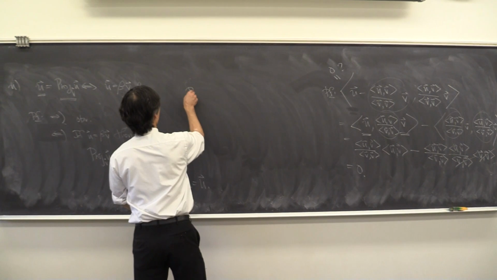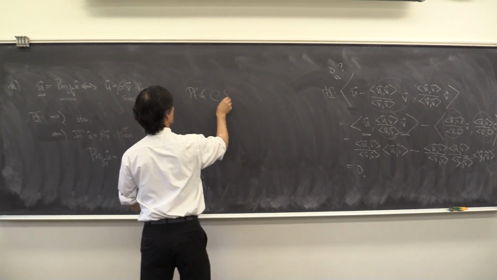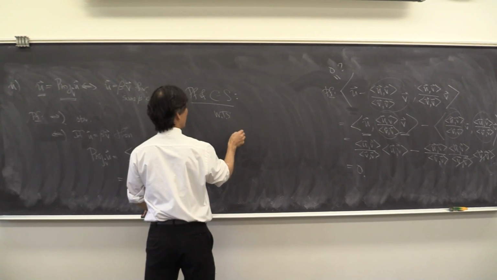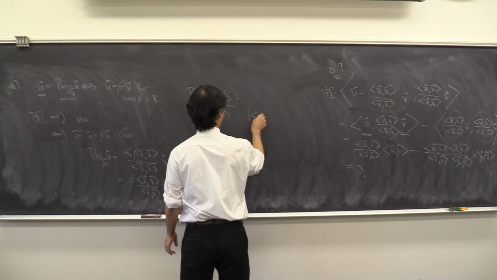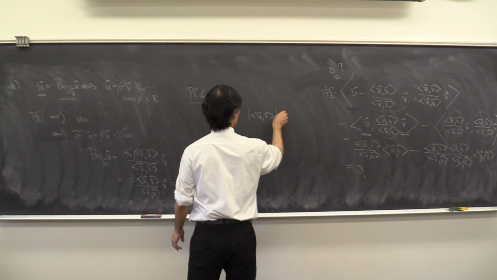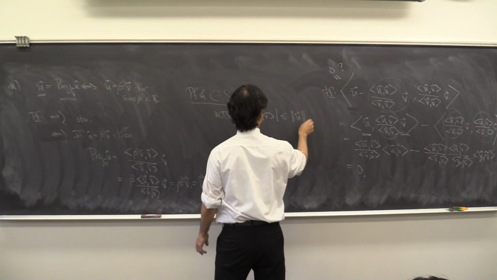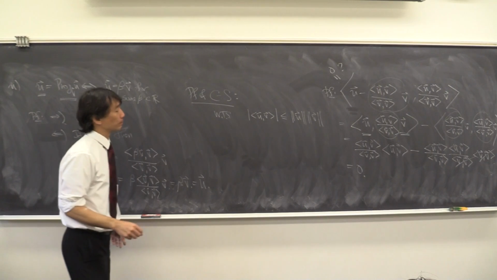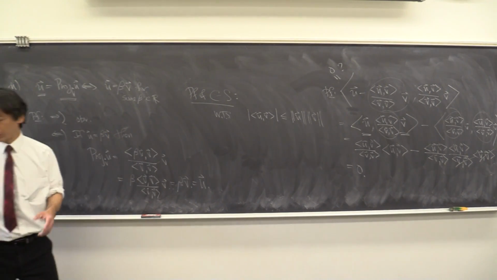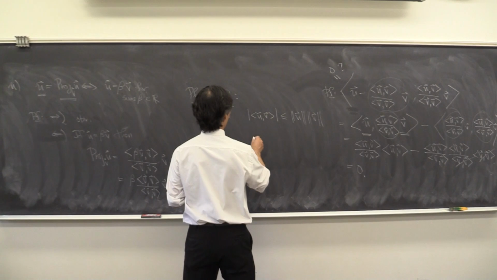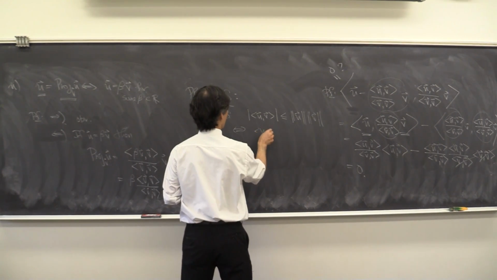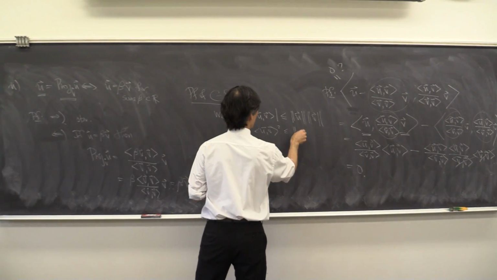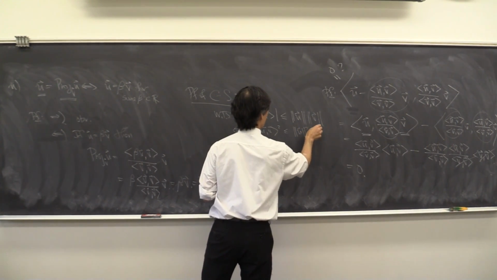So proof of Cauchy-Schwartz. We want to show that the size of the inner product is controlled by the product of the magnitudes. And like I said, that's the same thing as showing that the squares of both sides satisfy that same relation.